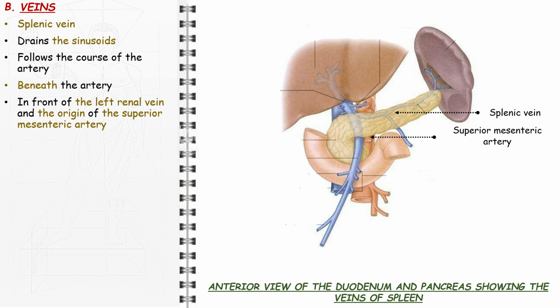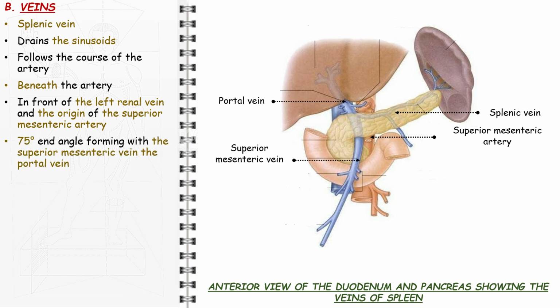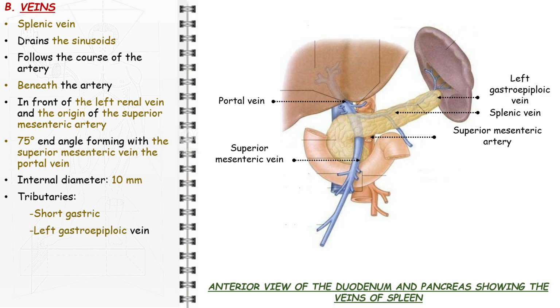It ends within the superior mesenteric vein at an angle of 75 to 130 degrees. At this point, its diameter reaches 10 mm. The splenic vein drains the short gastric veins, the left gastroepiploic vein, the pancreatic veins and the inferior mesenteric vein.